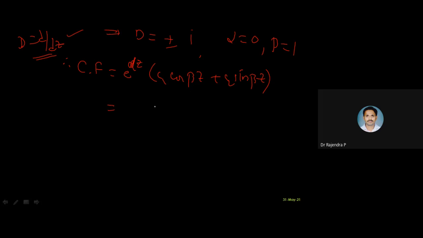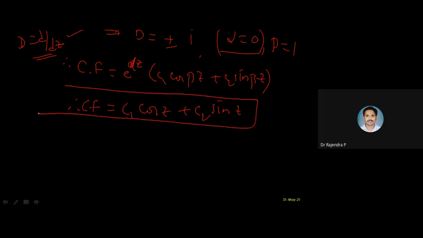That is the only difference. So e power alpha is 0, so that is 1. C1 cos beta z with beta 1, cos z plus C2 sin z. This is your complementary function. Of course, the procedure will not change. Only you should not forget that we are solving for z, so you have to substitute z only.